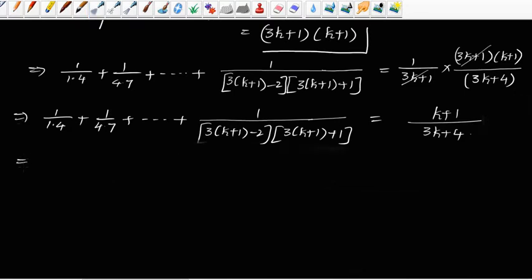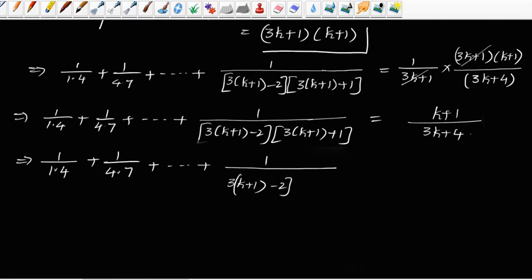Now we will make this equation in terms of k plus 1. Now already k plus 1 is there. Now this can be written as 3k plus 3 plus 1.